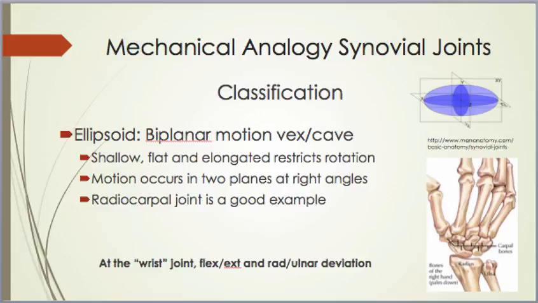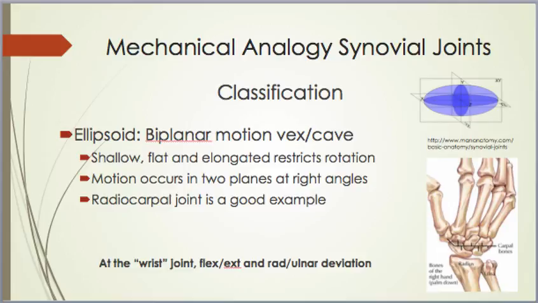So we have flexion extension. In the case of the wrist here, the classic example, we have flexion extension, and we have radial and ulnar deviation. Again, motions occur in two planes at right angles from each other. So the radiocarpal joint is a great example of that. All right.